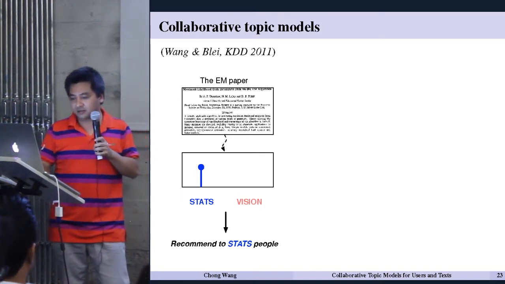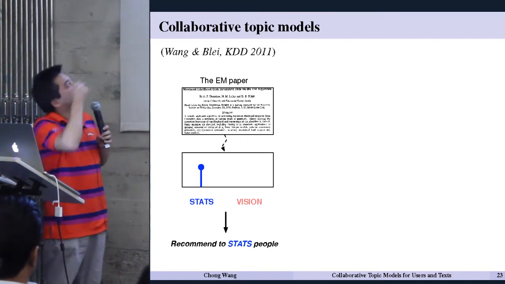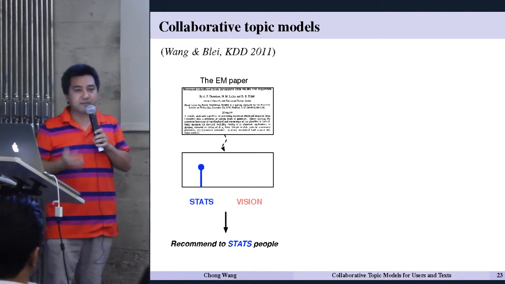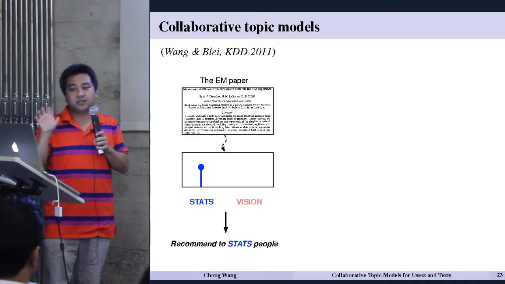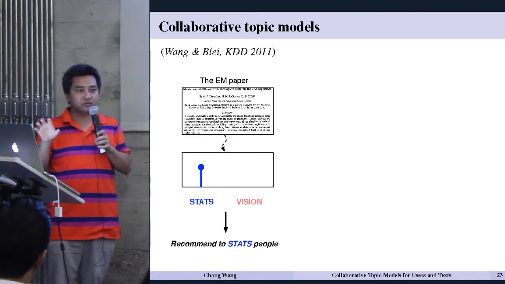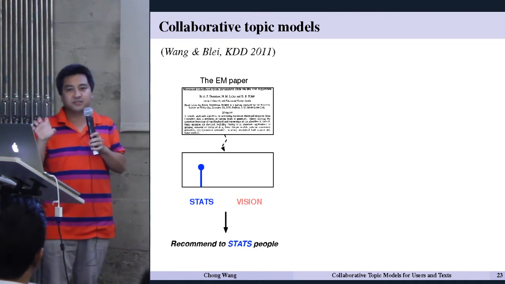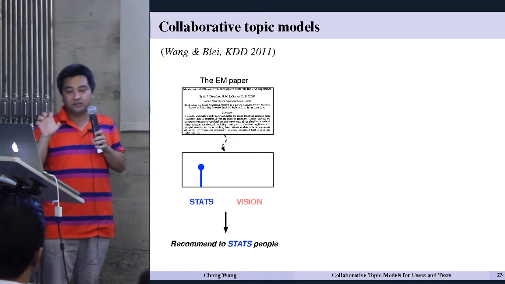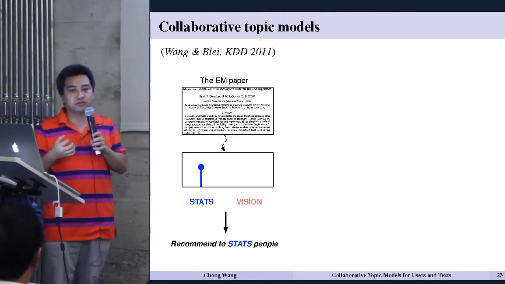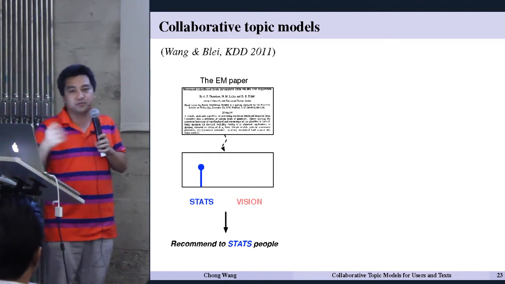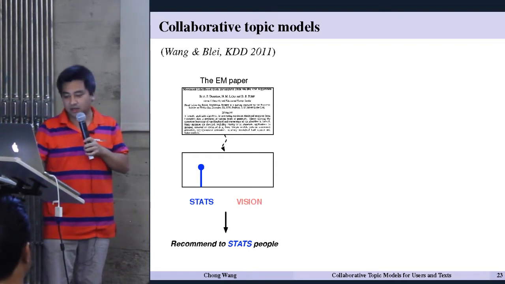So in this case, this EM paper used lots of words from statistics, but they don't use many words about computer vision. For example, they never mention an image in this paper. So in practice, you don't see a topic about computer vision assigned to this particular document.